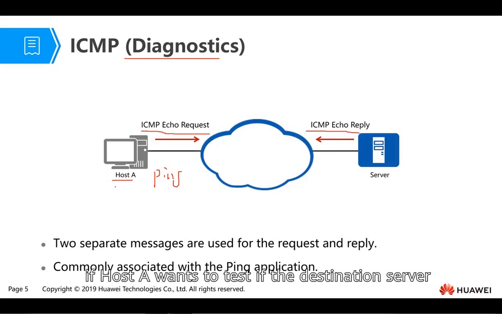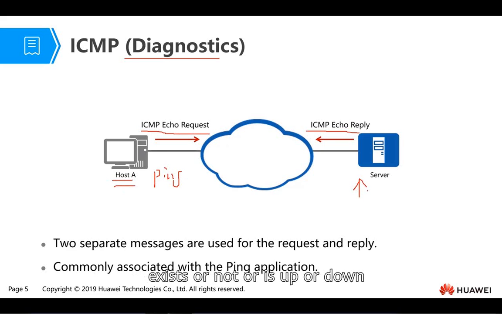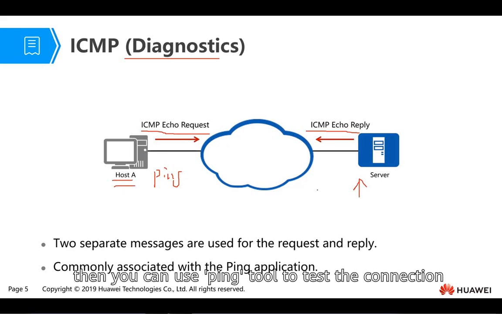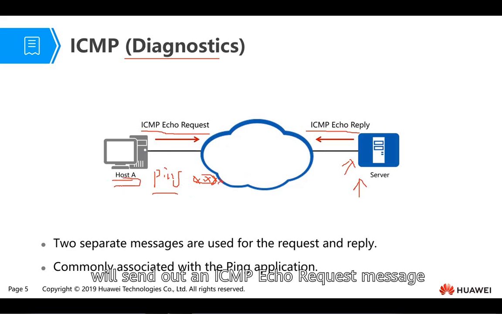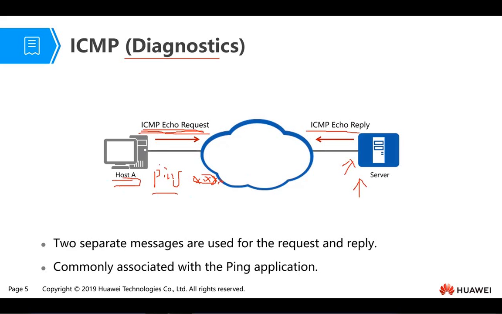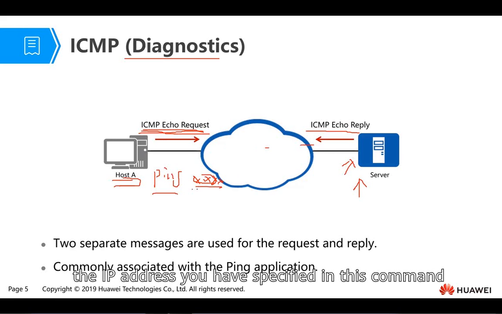When host A wants to test whether the destination server exists, or is up or down, you can use ping followed by the IP address of this server. Host A will send out an ICMP echo request message, and the network will forward this packet to the IP address you specified in this command.